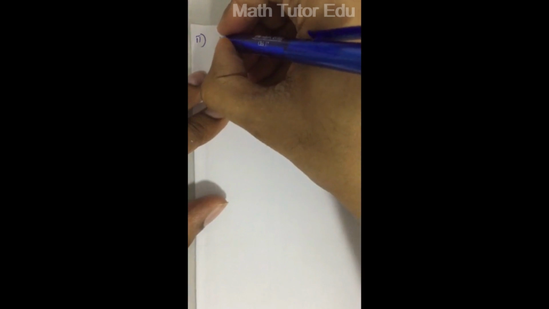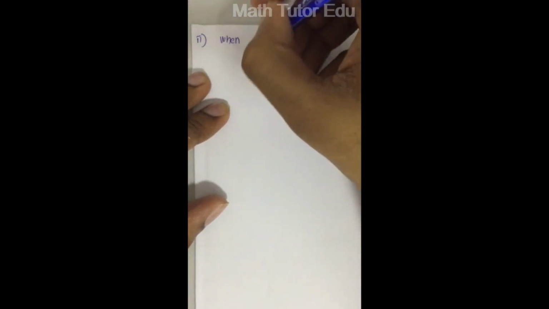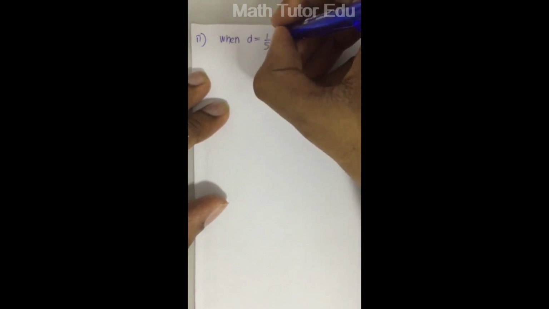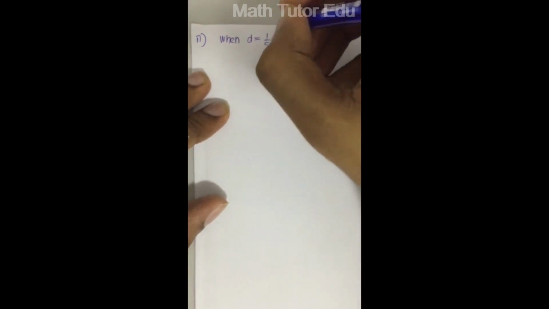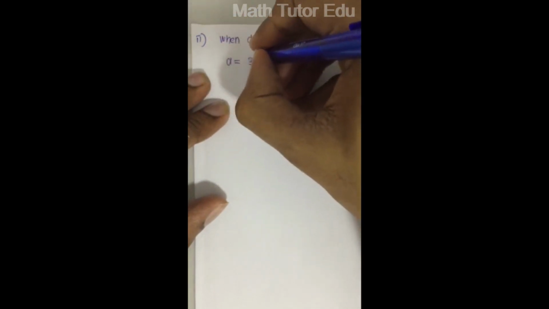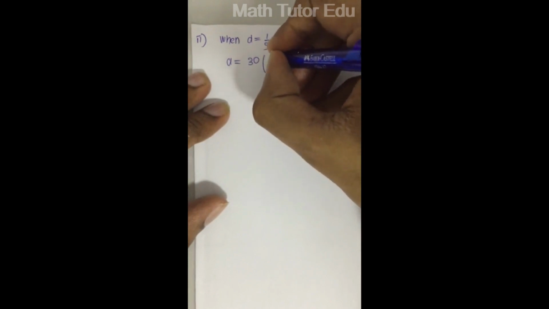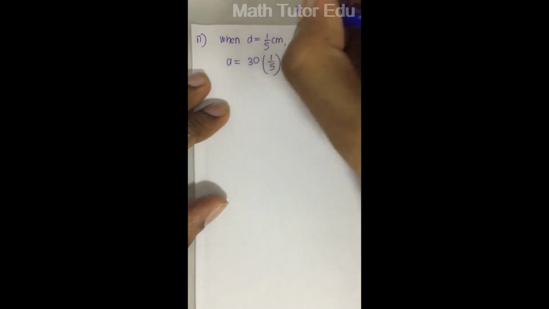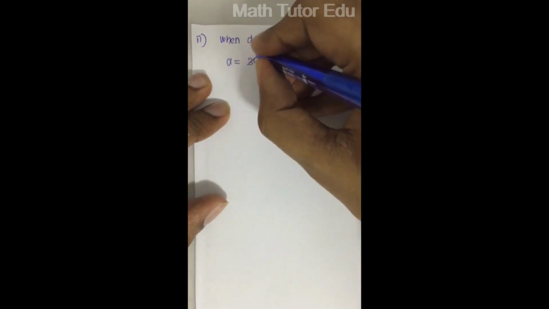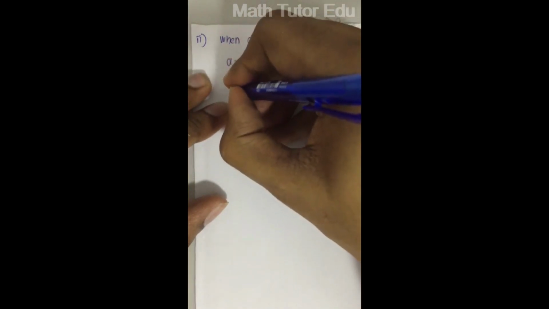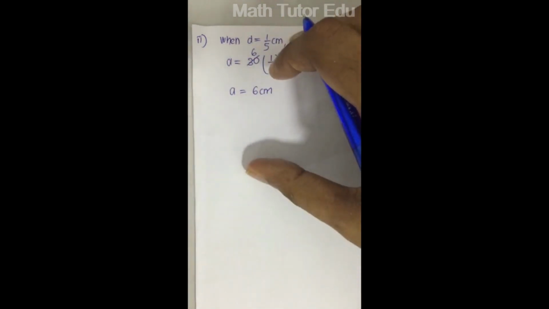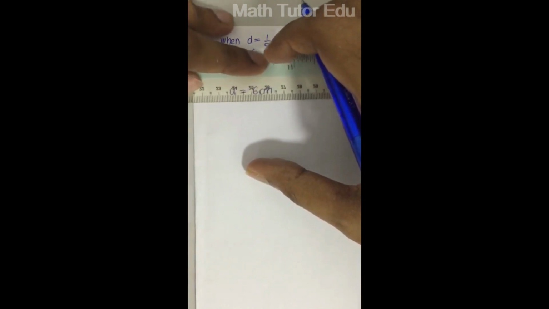So when d is equal to 1 over 5 centimeter, your first term a is equal to 30 times 1 over 5. You simplify this, you get 1, you simplify this, you get 6. So you get a equals 6 centimeter.